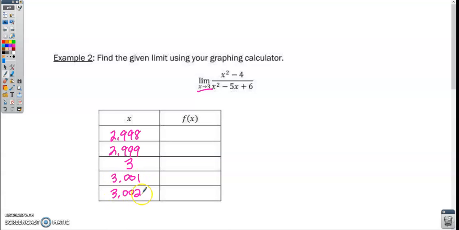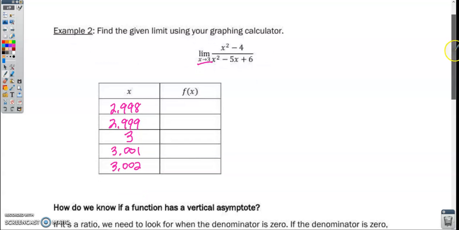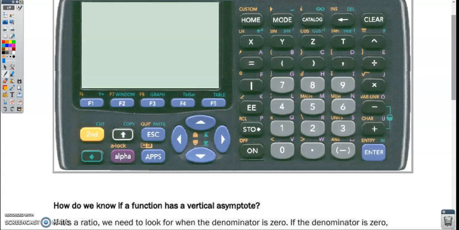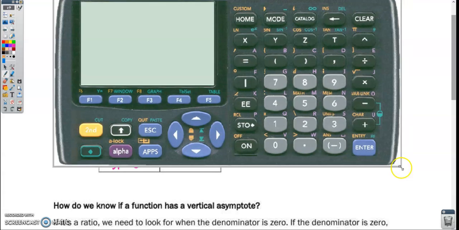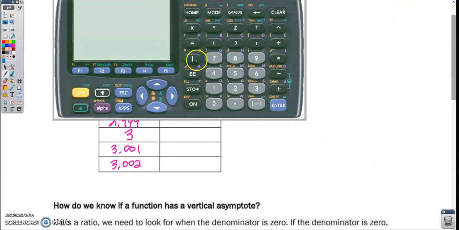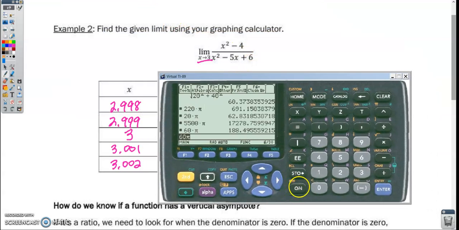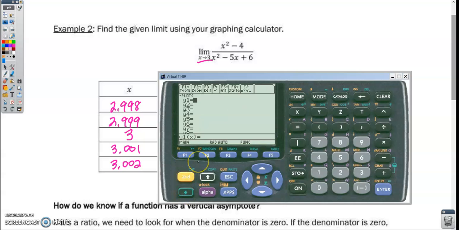I'm going to type this function into my calculator, and then build a table to help me determine what the limit is. Okay, so first, type my function into my y equals screen.